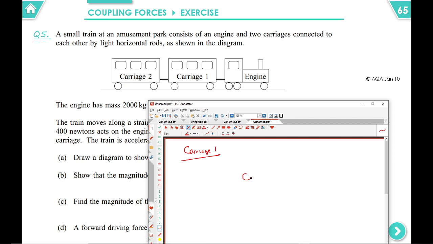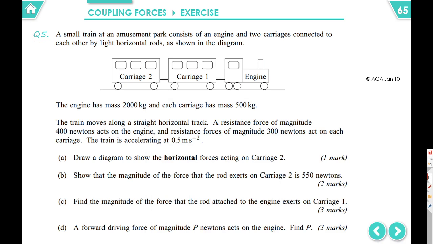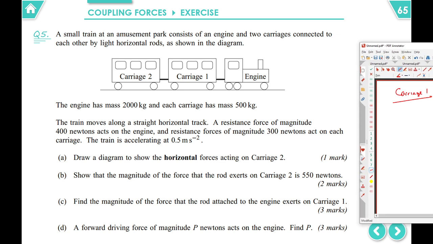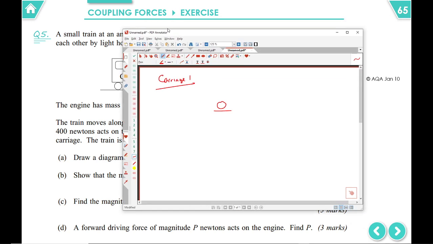So we have got a blob here. We've got 550 newtons. Let's just make sure we get the right direction for this. Okay, so I believe we are going to have a 550 Newton force here.